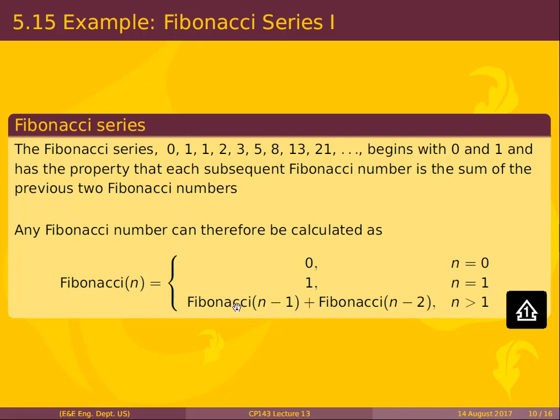It's n minus 1, so it's a Fibonacci of 3, plus the Fibonacci of n minus 2 of 2. So it says that this number is the sum of that one plus that one. So essentially over here you can also see that the word Fibonacci is featuring on both sides of this equal sign. And that is an indication that recursion would be a very good way to solve this problem.